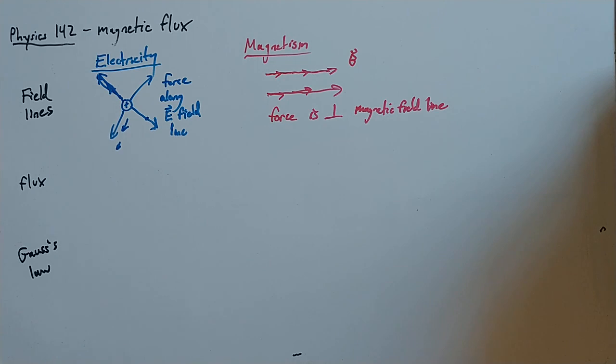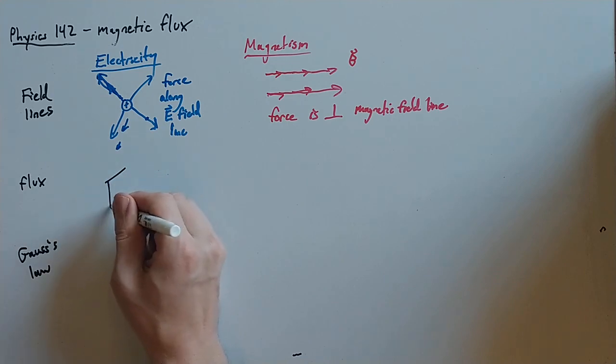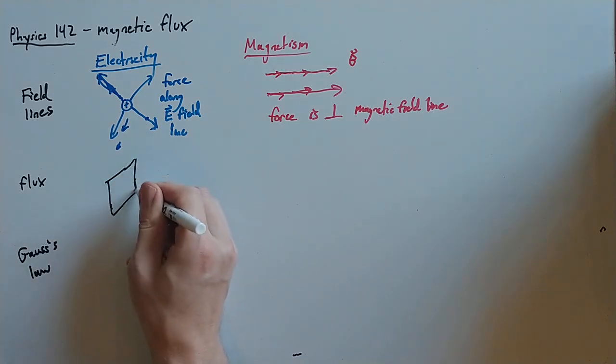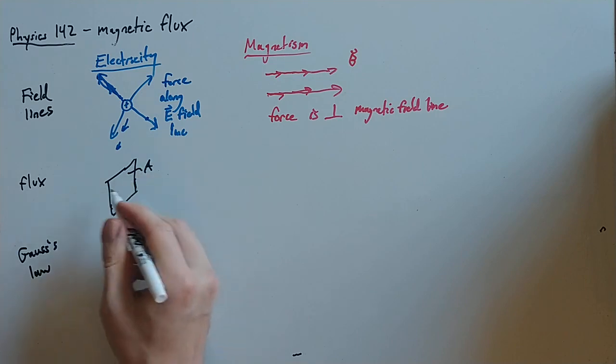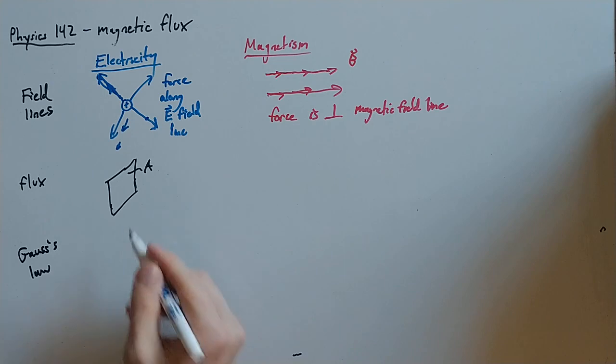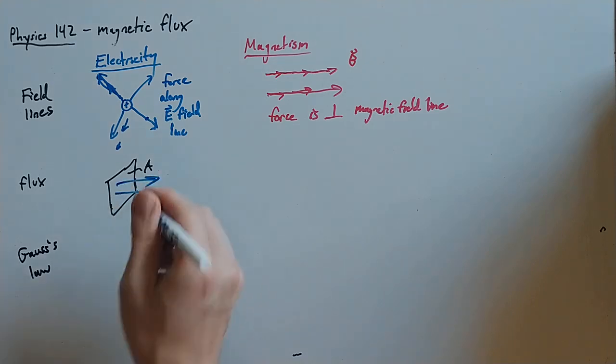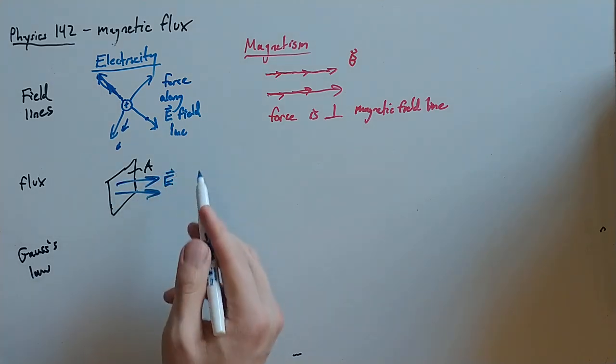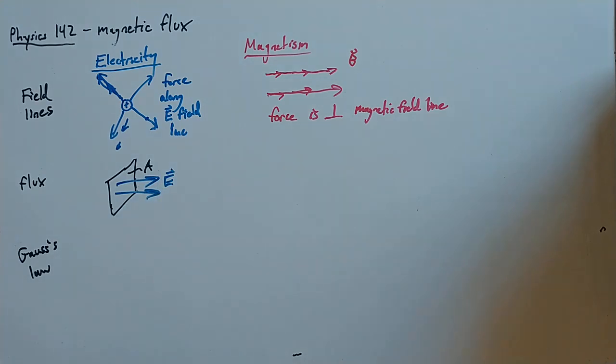Now, one of the reasons that we're talking about electric field lines and magnetic field lines is that electric field lines were a way that we were able to conceptualize the idea of electric flux. Basically, for electric flux, we thought about some area, maybe this is a window, which has some area A, and then we would think about the amount of electric field, or electric field lines, going through that area.